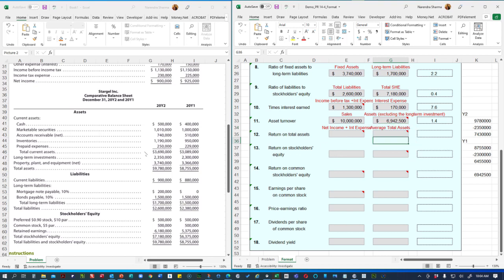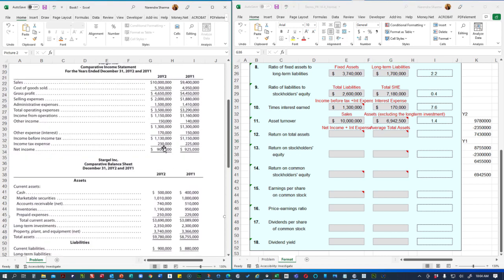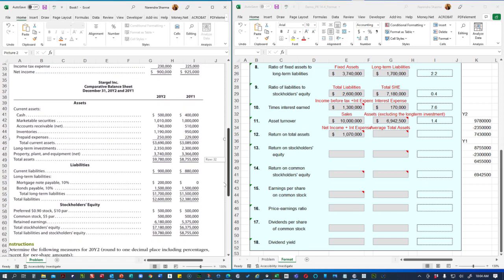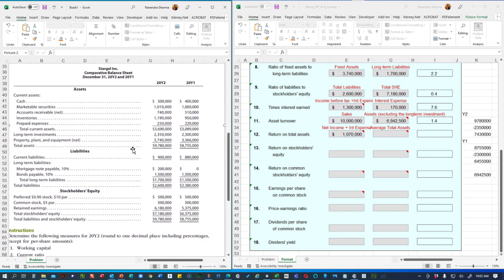Okay, so let's find out the net income. Of course, you know, in the income statement the bottom line is the net income, that's 900,000. So this will be net income is 900,000 plus interest expense. We already know, we have used that figure, that is 170,000. So that will be 1,070,000. Now average total assets, of course we are going to just take the average of total assets without excluding your long-term investment.